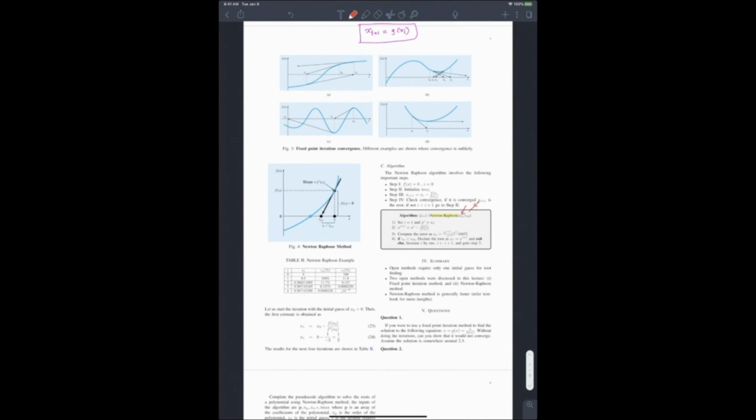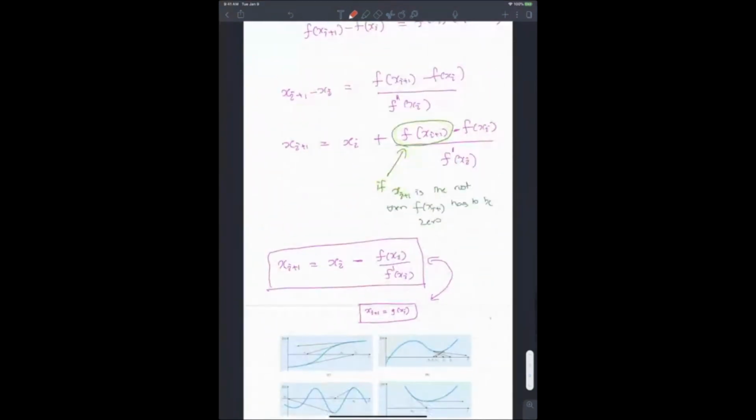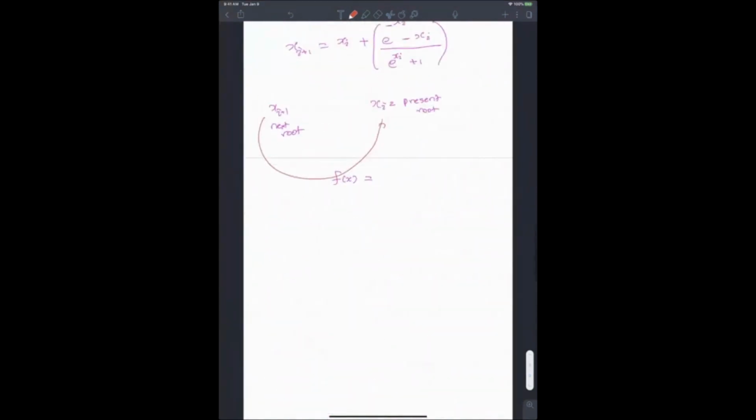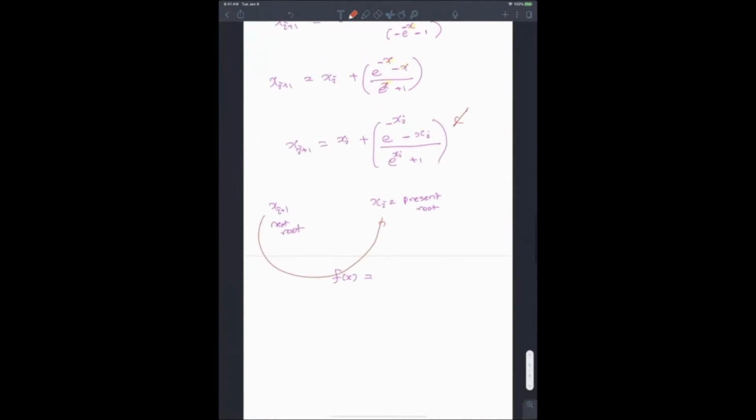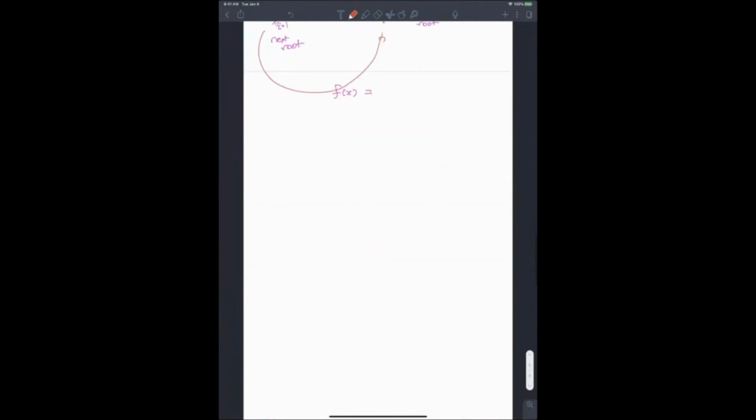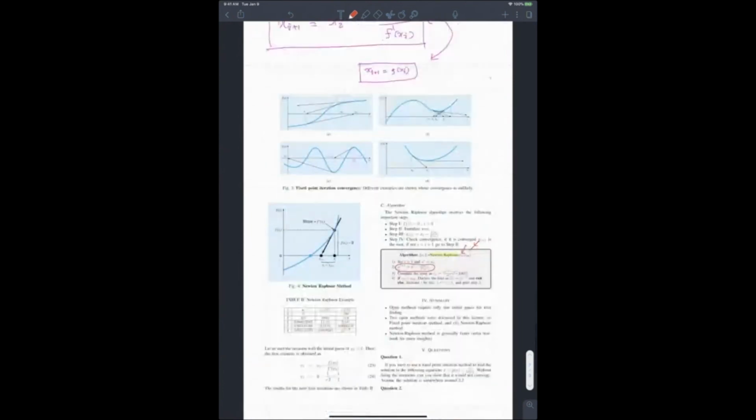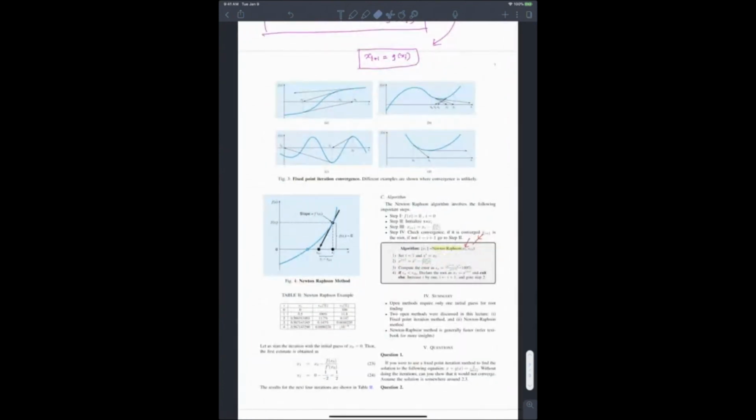Then this formula will change for each example. For example, in our example used in the lecture notes, it came to this. But you can have a separate function in your program to store f(x) and find the derivative, to store f(x) and f prime(x).